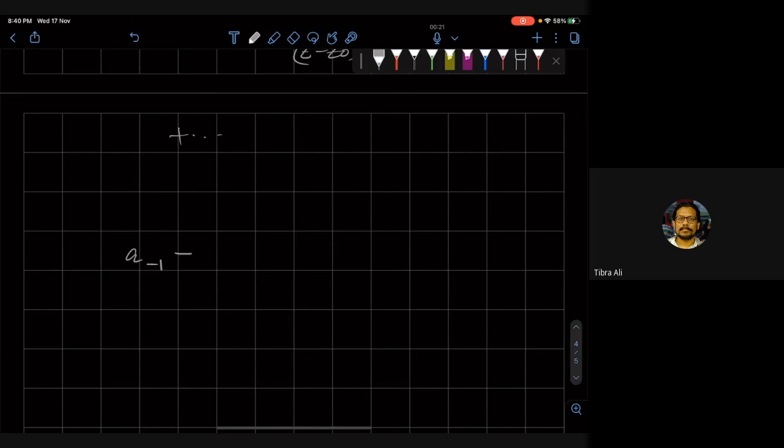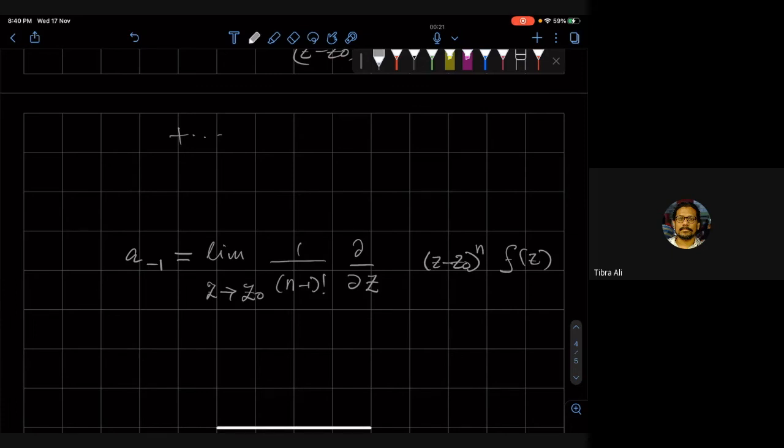The residue, which is of course a minus 1, the formula for that is that you take the limit where z goes to z naught, and you divide by n minus 1 factorial. And then you first multiply the function f of z by z minus z naught to the power n, right? So what does that do?